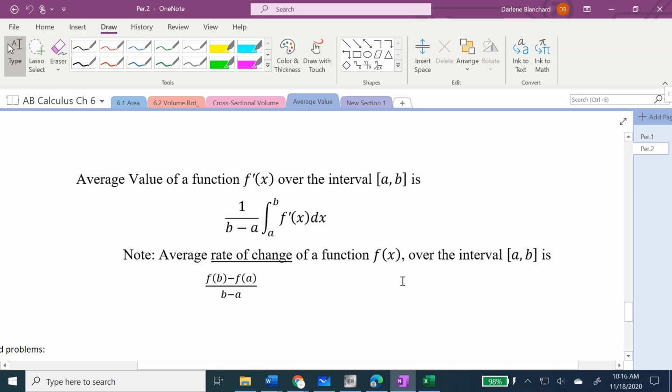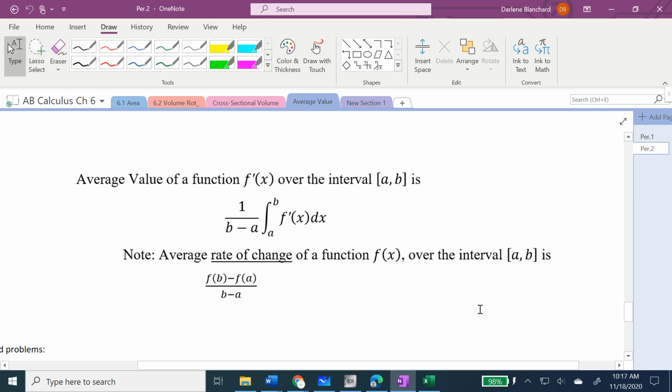Then I change the g function to being the f function. So average rate of change of f is the same thing as saying average value of f prime, right? Average rate of change of f is the average value of f prime.